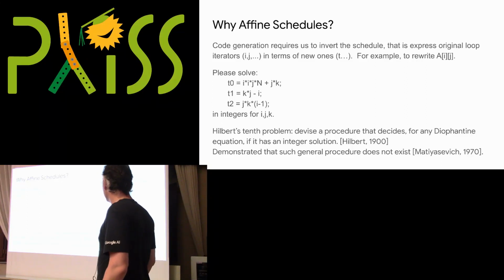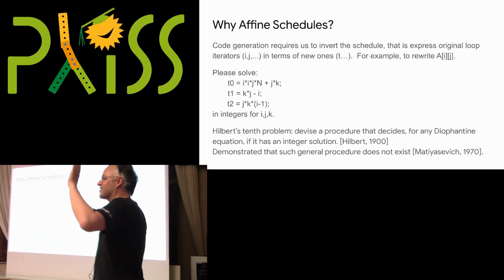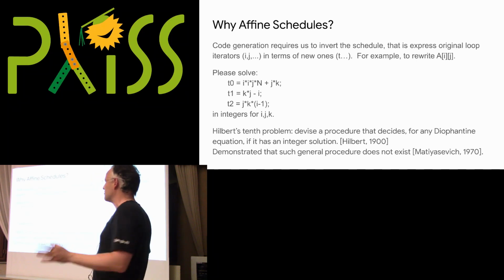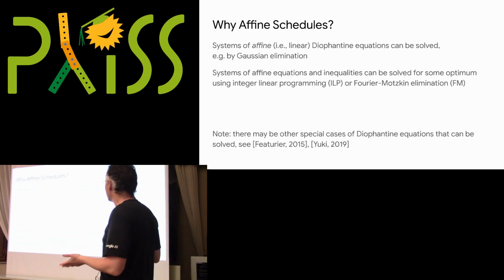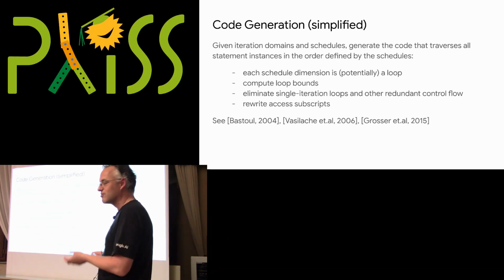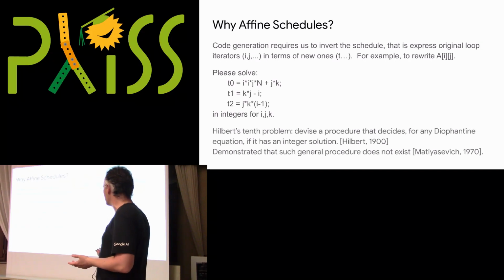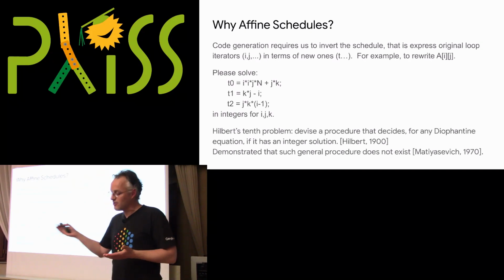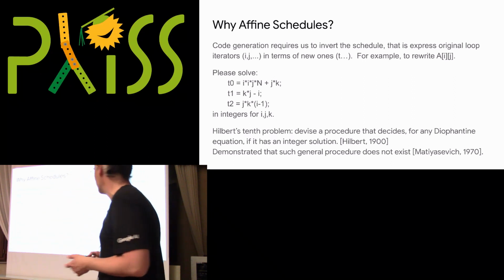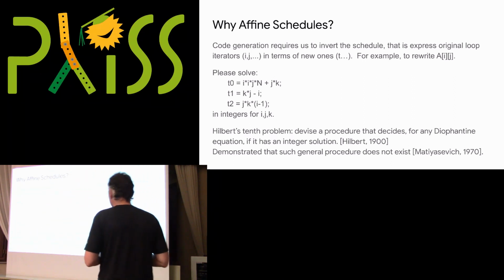That's tough. That's only in the general case. So only if you have general polynomials. If you have affine forms, it's no problem. It's exactly the problem I was telling you before. So it's a bit tricky to generate good code, but there are systematic ways to do that for polyhedra. But if you have general polynomials, for example, if you had linearized those multidimensional schedules, it's a very complex problem. So there are heuristics in some cases.